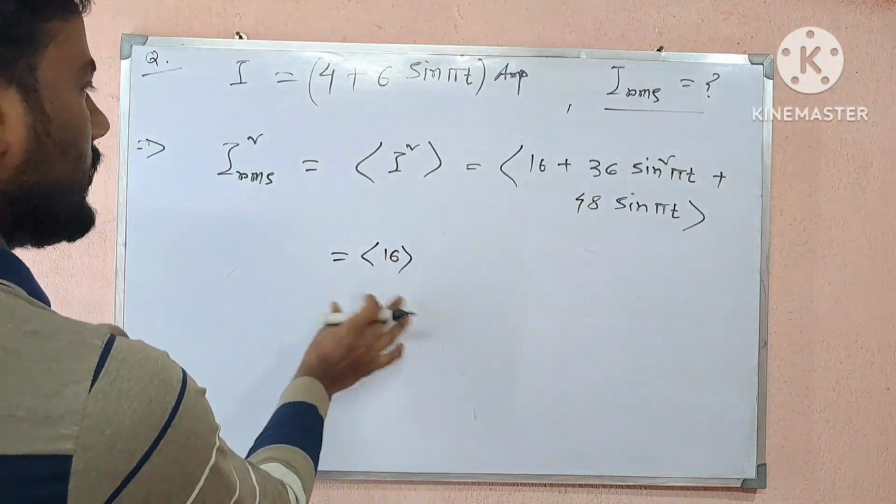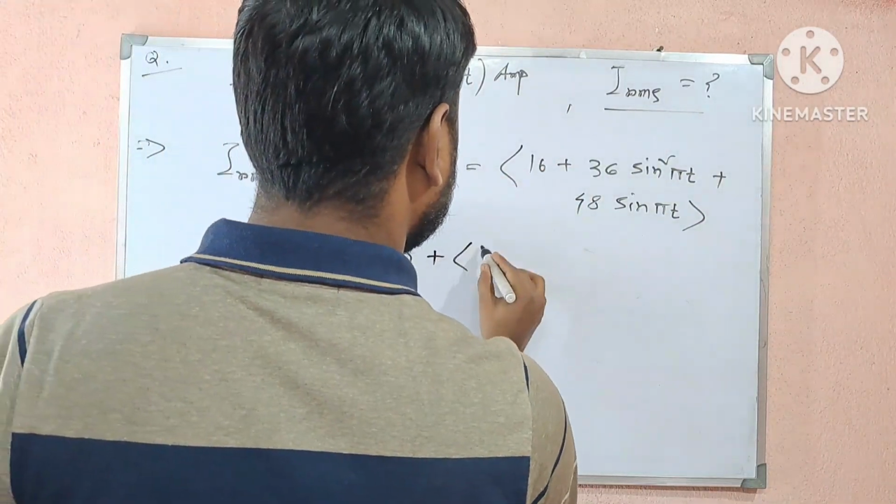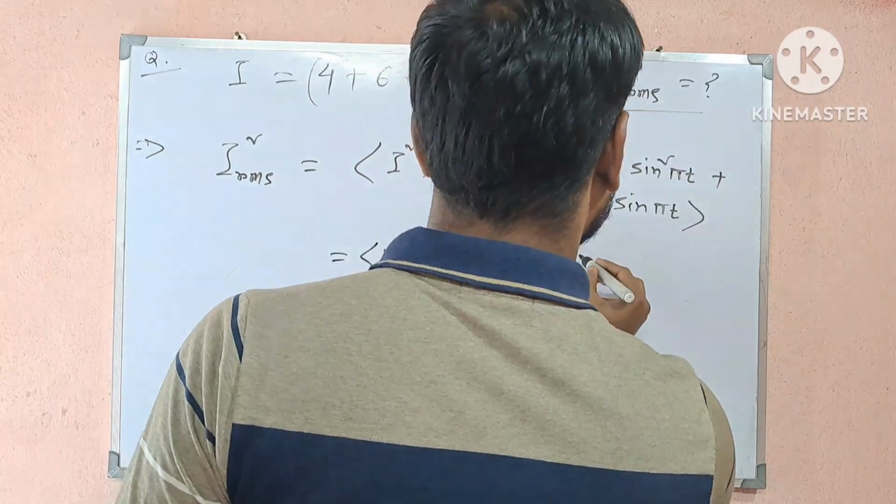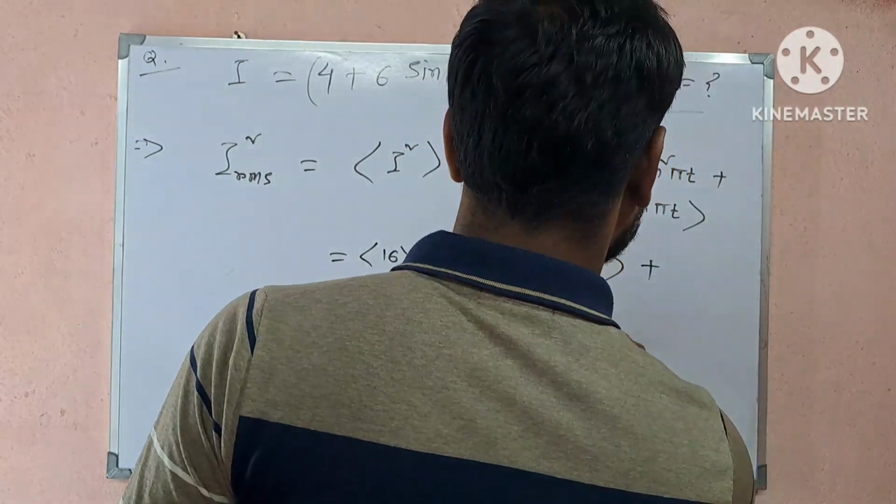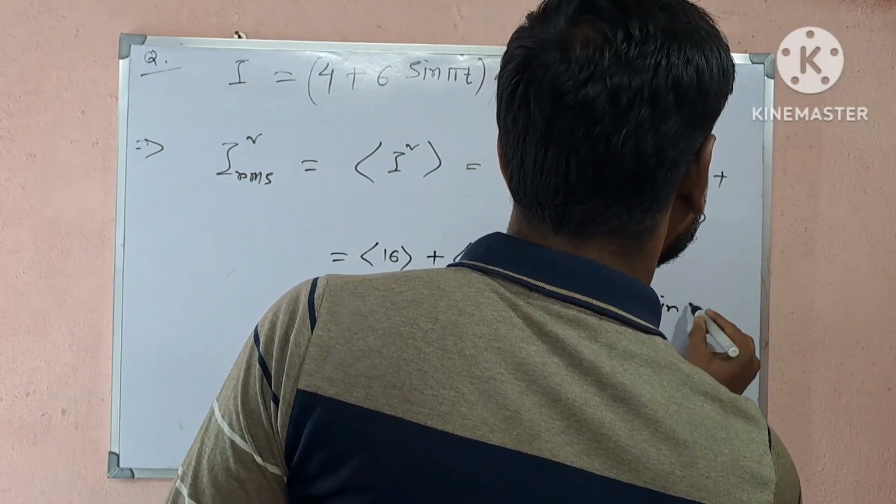Here we can break it in this form: average of 16 plus average of 36 sine square pi t plus average of 48 sine pi t.